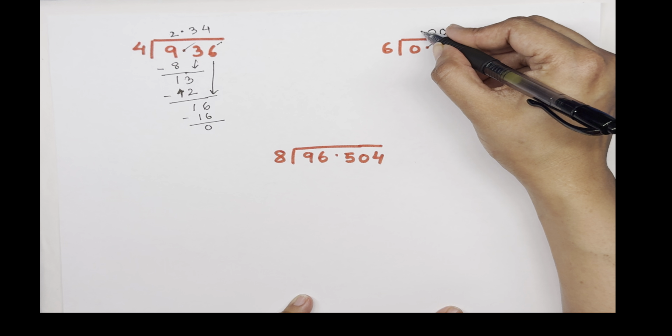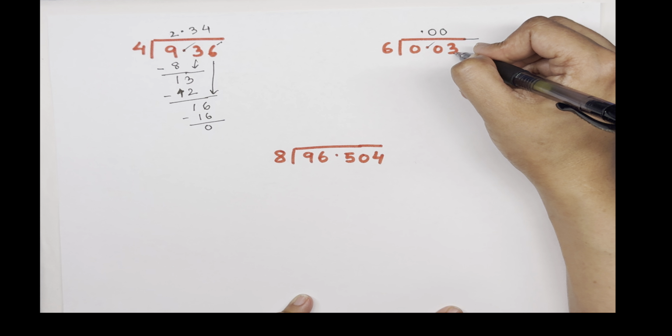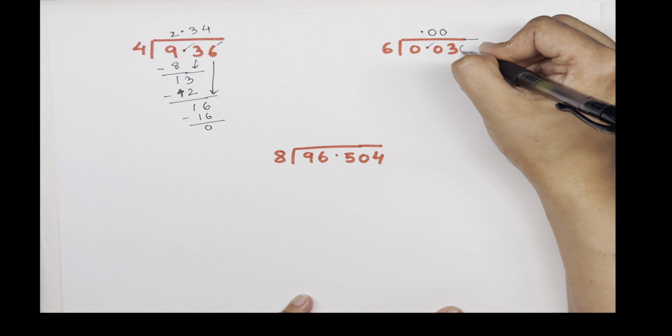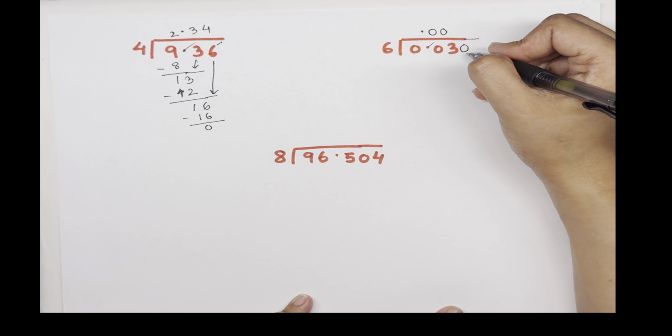Now, because it's a decimal here and there is a digit which is more than 0, we can borrow a 0 here in the dividend. In my first video about decimal division, I told you that we can always borrow a 0 if there is a decimal in the quotient.